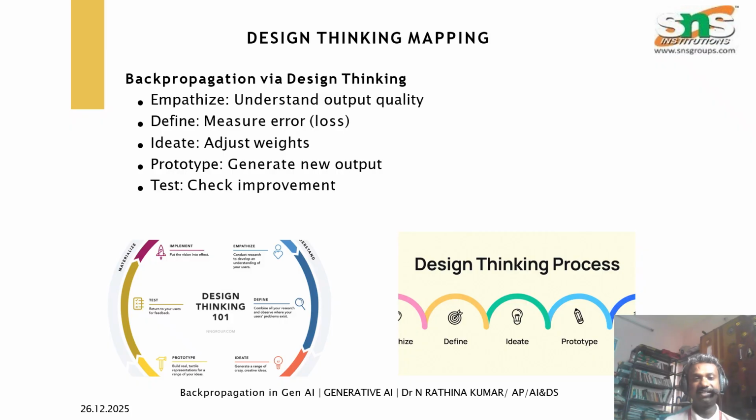In this design thinking mapping, the emphasis is to understand the output quality, then what the errors and the loss are, then how to adjust the weights, generate a new input and check improvement. So I'm relating how backpropagation works with the design thinking mapping.